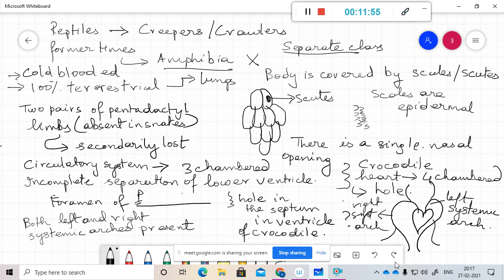In birds and in mammals only one systemic arch is present. In one you have the left systemic arch, in the other you have only the right systemic arch, but in reptiles you have both the systemic arches present.